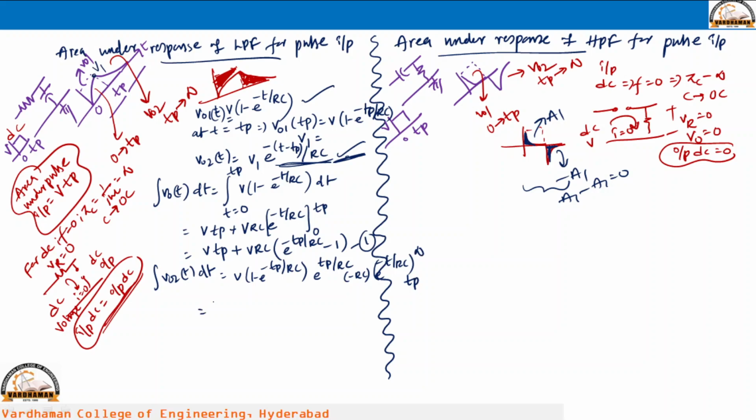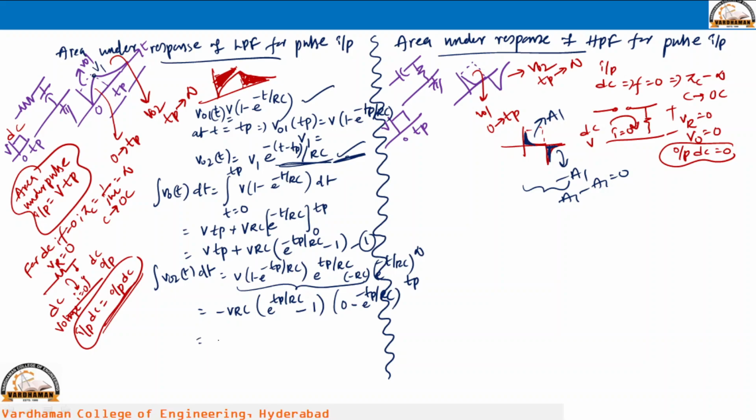Now you multiply these things first. Minus VRC, if you multiply these two, e power Tp by RC into e power minus Tp by RC, e power plus Tp by RC times minus Tp by RC means 1 you will get. Now if you substitute the upper limit, e power minus infinity is 0, minus e power minus Tp by RC, like this you will get.